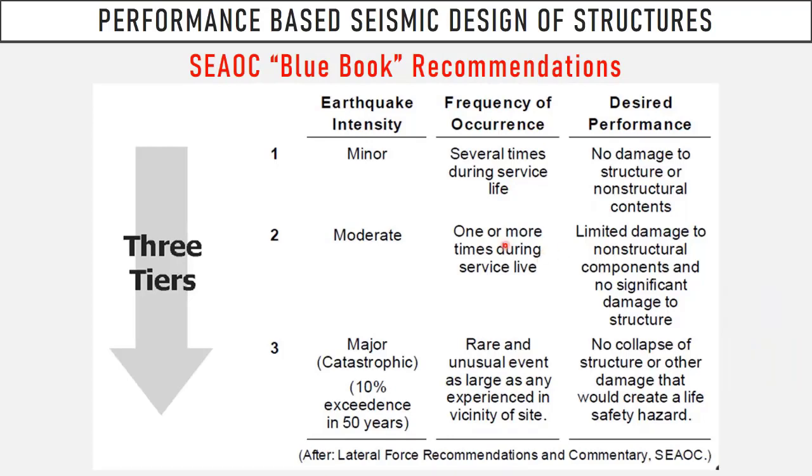As I mentioned, the consideration was based on different tiers, basically 3 different earthquake intensities, different performance definitions. The details are defined in terms of forces and deformations, as I mentioned.